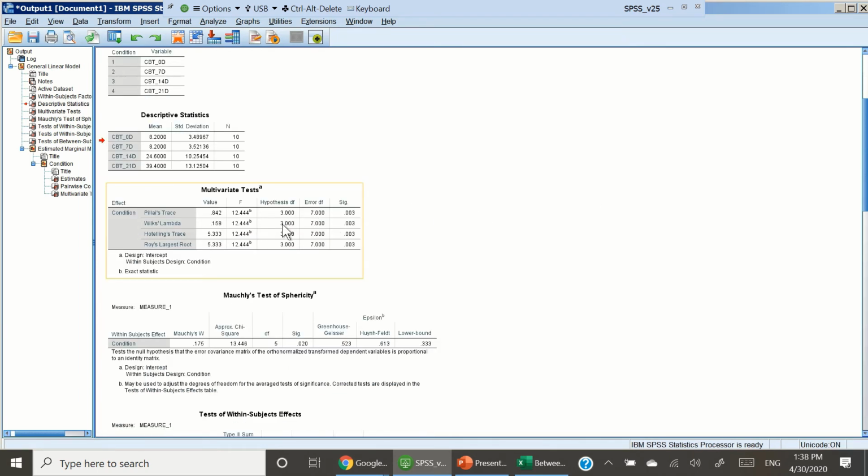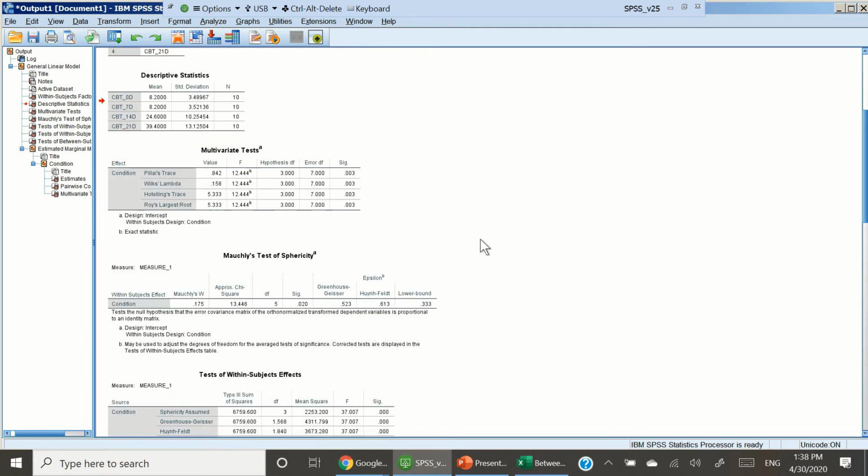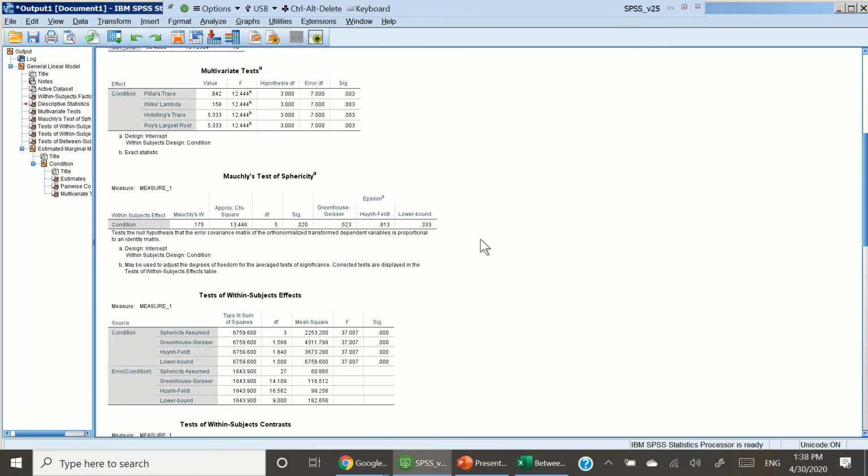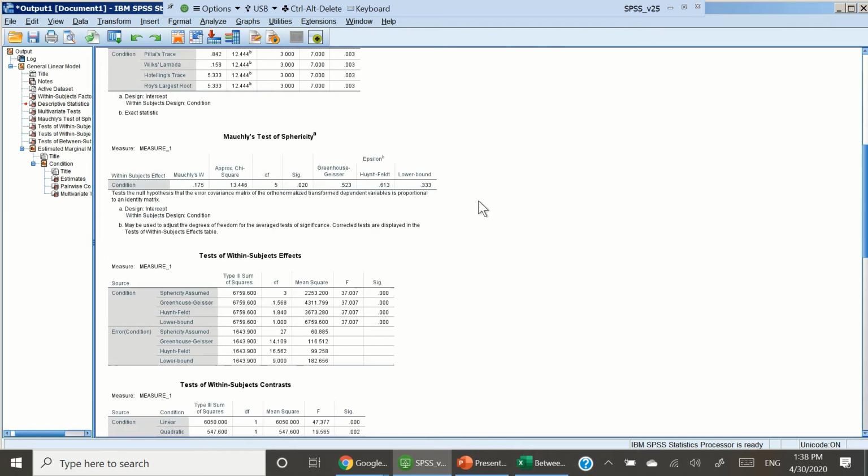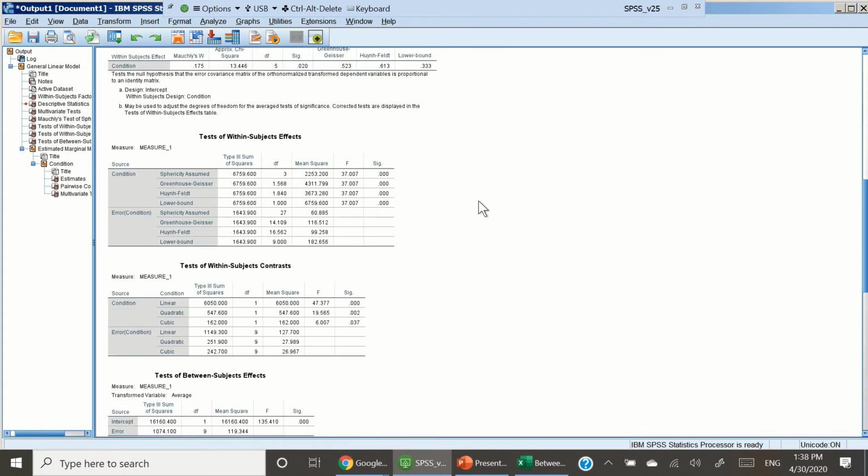Okay, that's the homogeneity of variance test. We don't really care about that. I mean, sorry, that's the multivariate test. Okay, so let's go on and take a look. This is the one that you want, the test of within subjects effects.